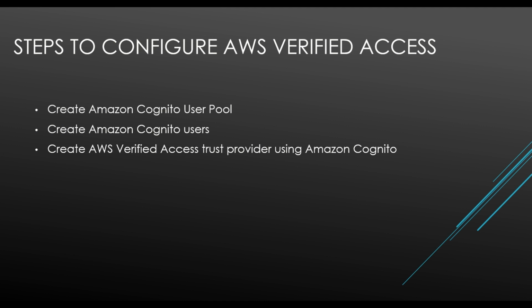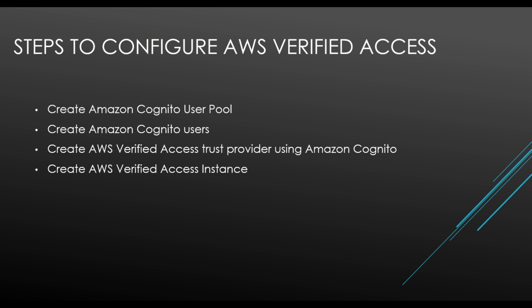You must attach at least one trust provider to each verified access instance. You can attach a single identity trust provider and multiple device trust providers to each verified access instance. In this demo, we will configure Amazon Cognito as the verified access trust provider within the verified access console.